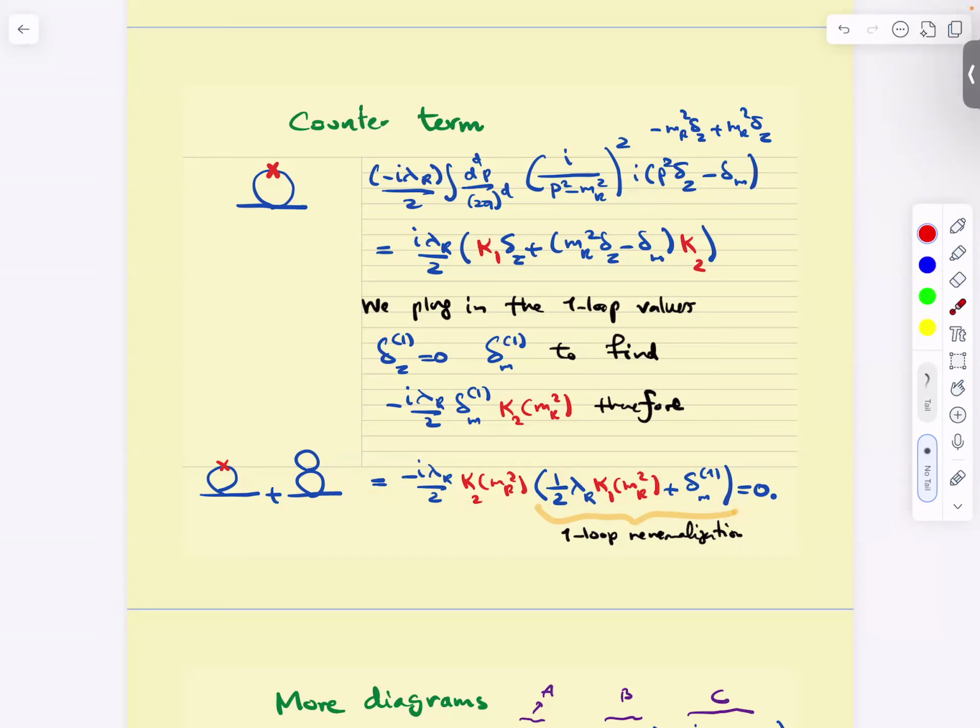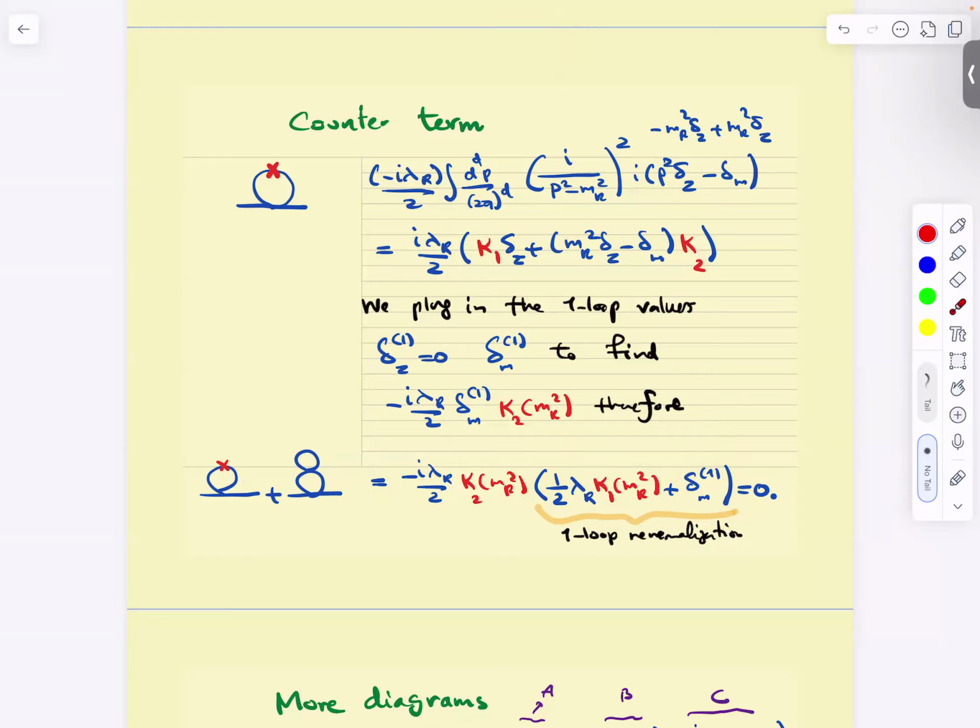Good. But notice what happens. You find this relation. This relation is already what we found for delta M1. So the renormalization of delta M1, what did we do? At one loop, we had these diagrams.